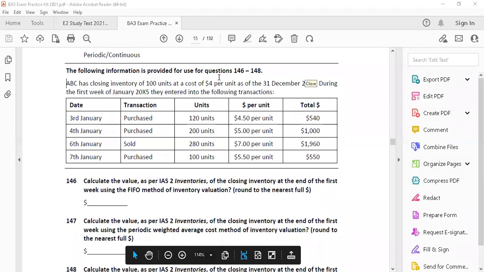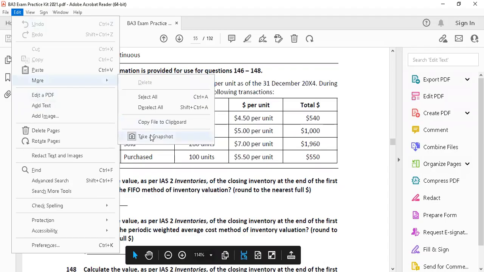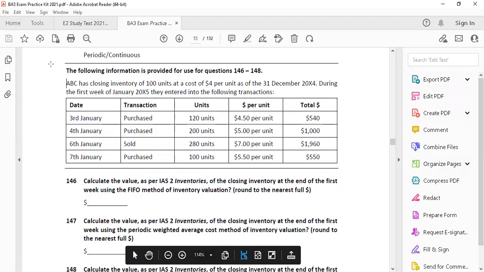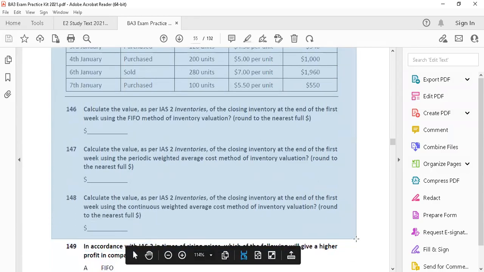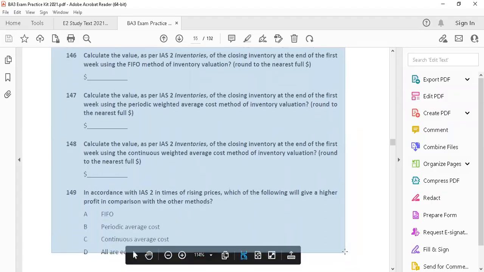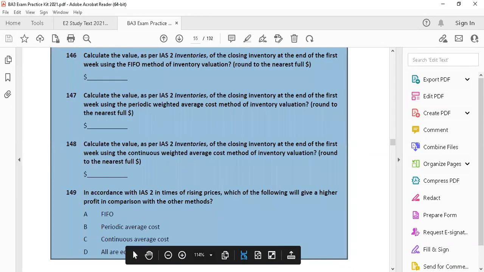I'll take this question. We'll take the screenshot of this one, put it in Excel, and then solve that because rows and columns are all there. I want all of you also to solve this one in your notebooks.